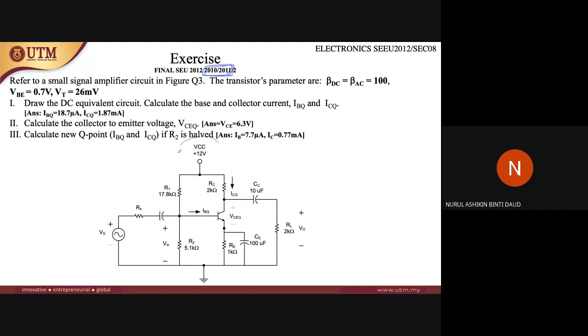So this has two voltage sources, VS and VCC. Maybe after this you can try to solve this equation. The answer is already given to you here to check your answer. You can base on this answer here.